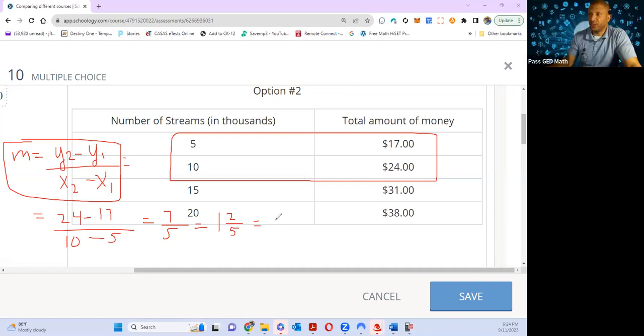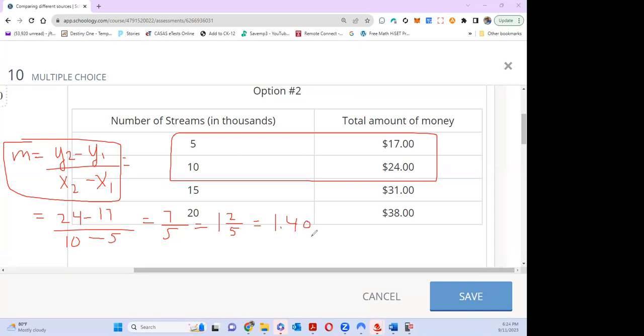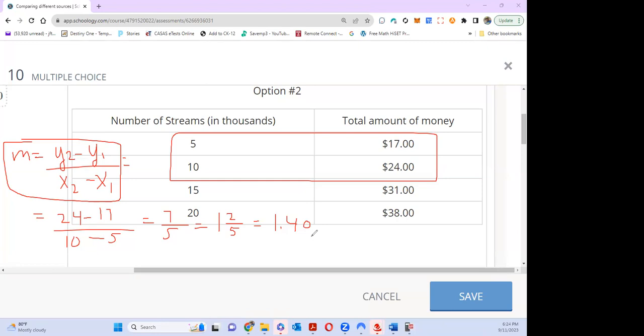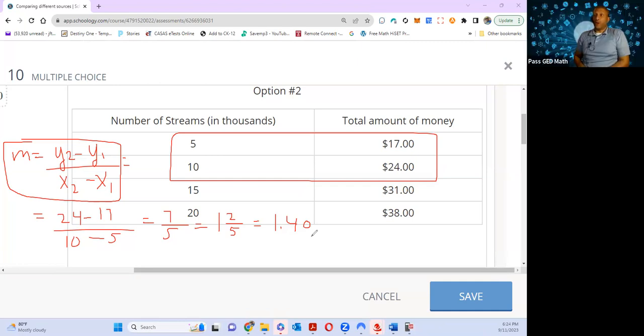And what's 2/5 as a decimal? 0.4. If you notice, I did all that using mental math. This is how you should be able to do this problem by hand. So the slope of option number 2 is 1.4.